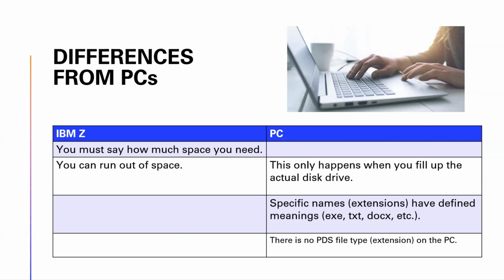Yeah, so in other things on the PC, you can give it specific names or an extension in order to tell an application this file belongs to you and you're the one that's supposed to open it. So you can have a .exe, which is a standalone executable. It's opened by the operating system.